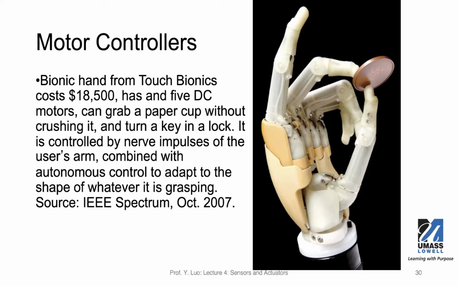Actuators essentially convert electronic signals or cyber signals into physical quantities. In this case, it is force, grabbing an object. There can be many other different actuators. This is just one of those many examples.